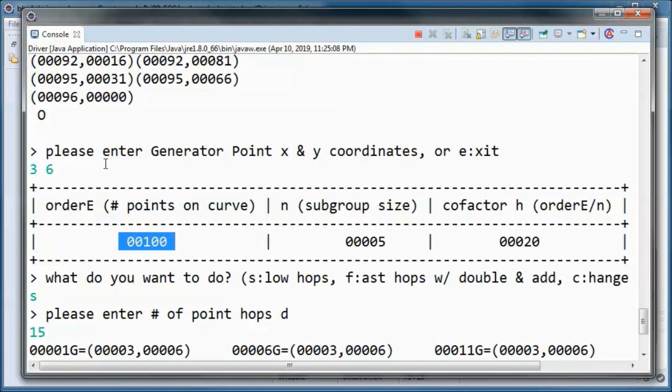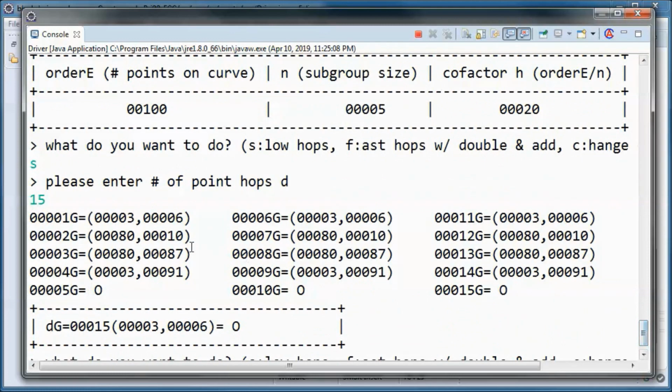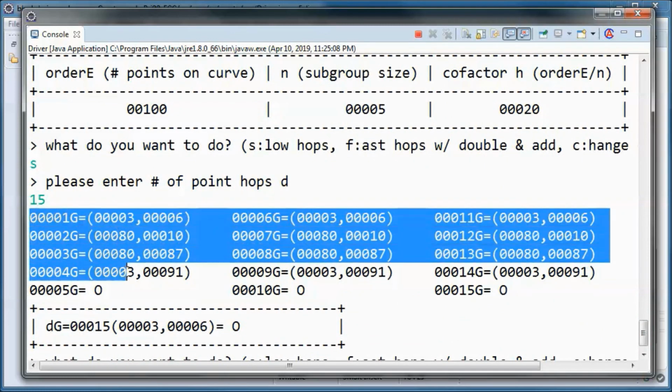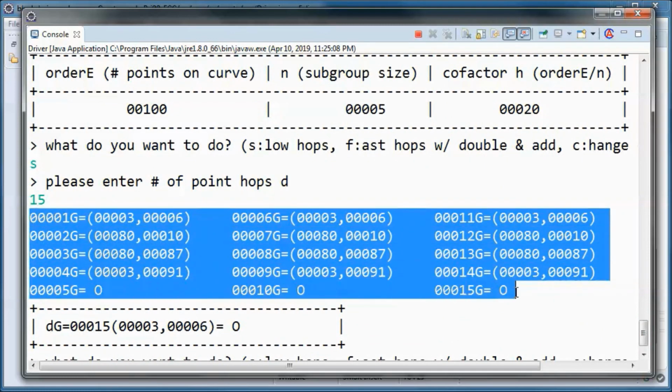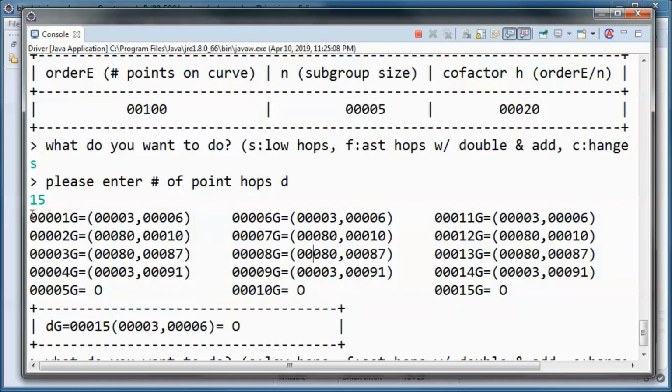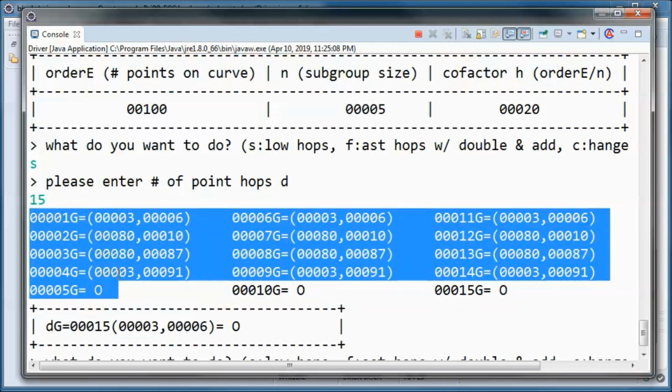And here we are using this generator point 3, 6, and this is the cyclic group that it is generating.